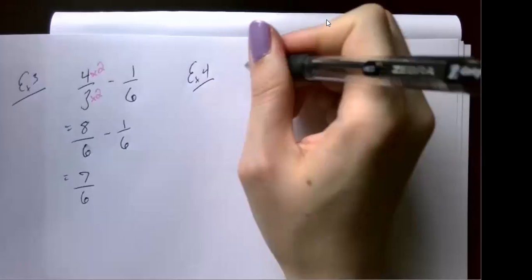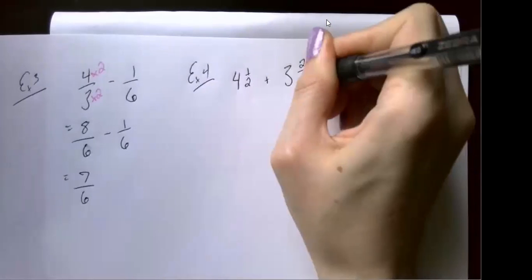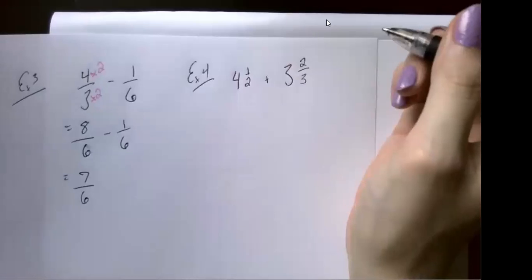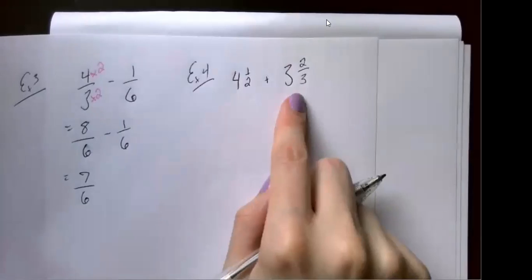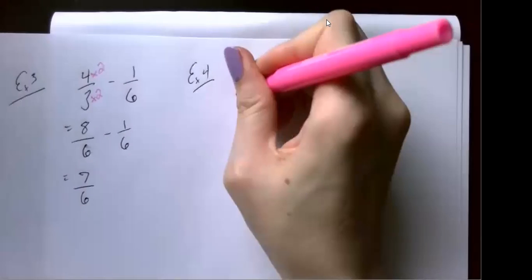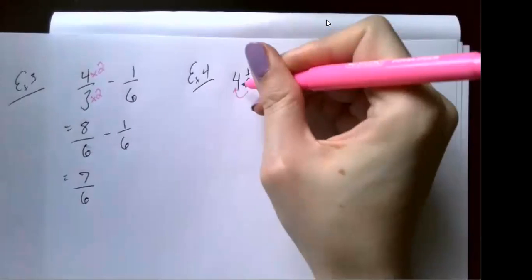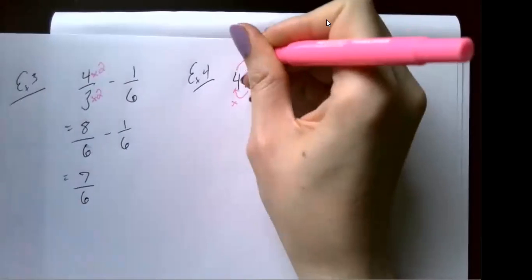Okay, so we'll call this next one example 4. So we have 4½ plus 3 2/3. So the easiest way to do this is convert them both into fractions. And just a reminder of how to do that, we multiply the denominator by the base and then add the numerator.